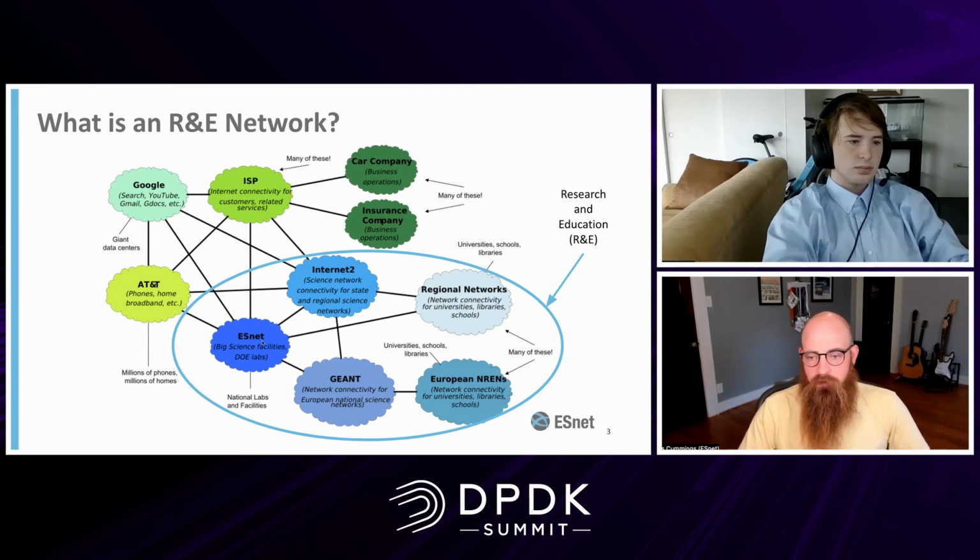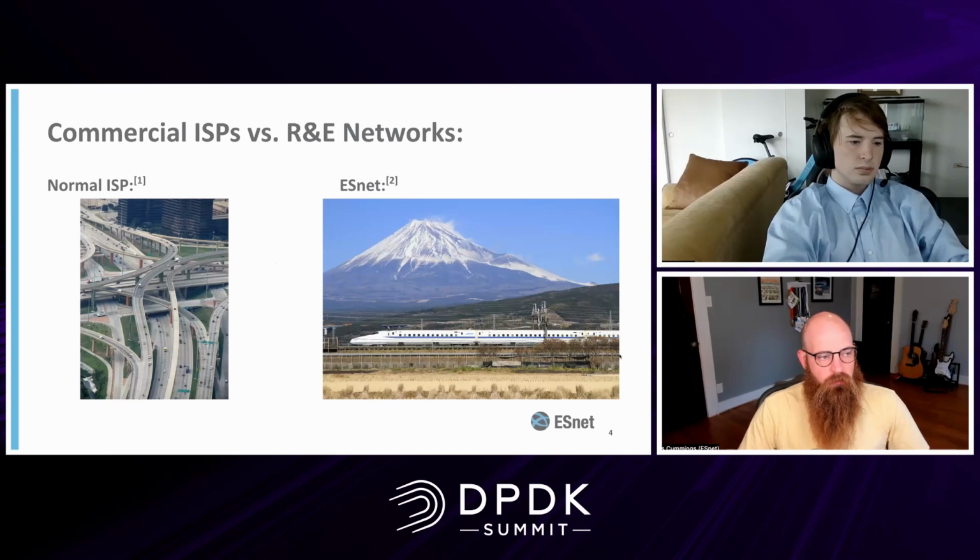So we're part of the internet, and we've been part of the internet early on. However, we are kind of different because we're working in this research and education space. One way in which we're different is that a normal ISP is going to be more like this freeway interchange where you have a lot of different paths to a lot of different places, and you have relatively small traffic that in aggregate adds up to a lot. But these smaller flows are different than what we see on a science network.